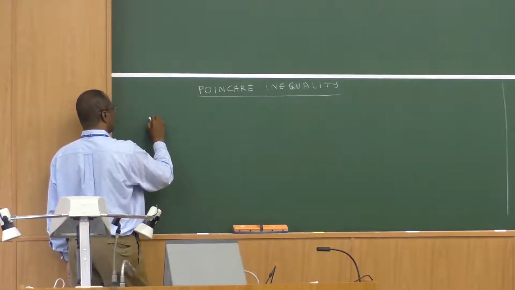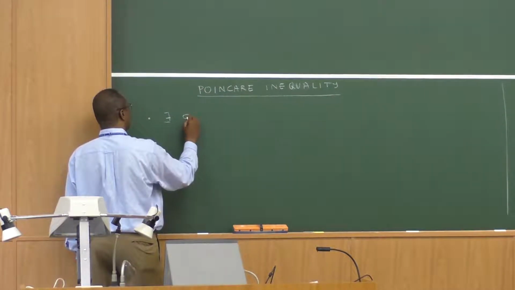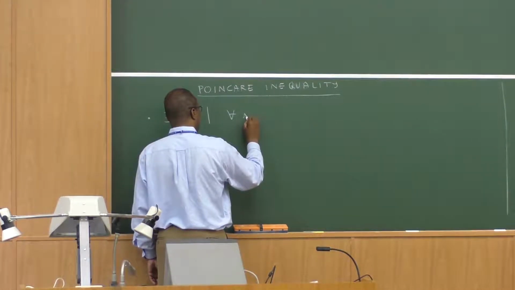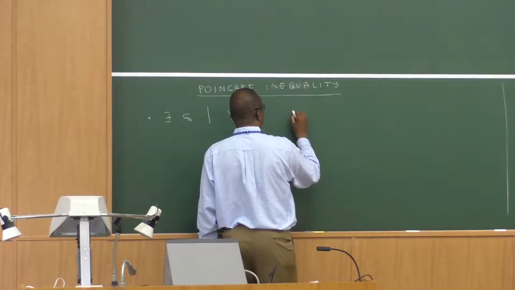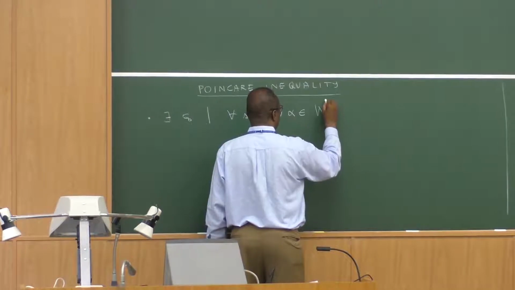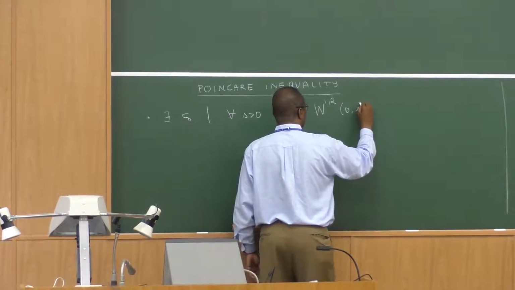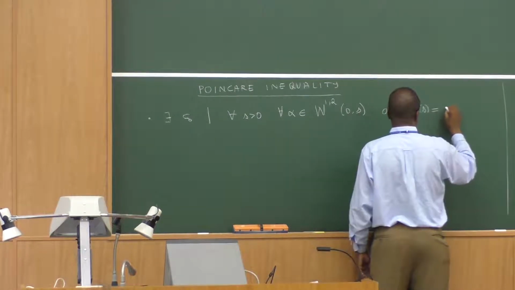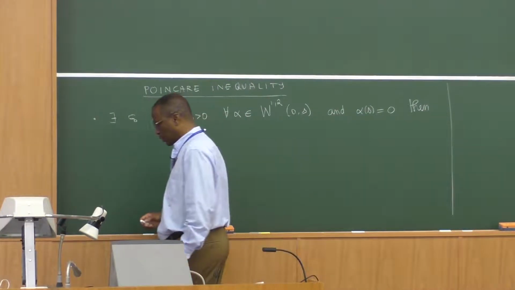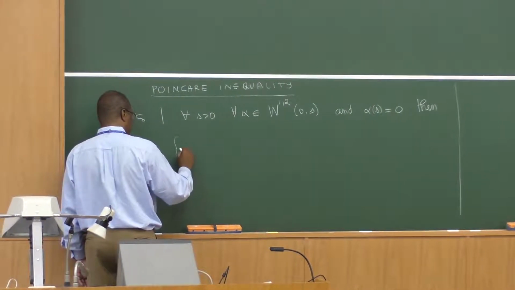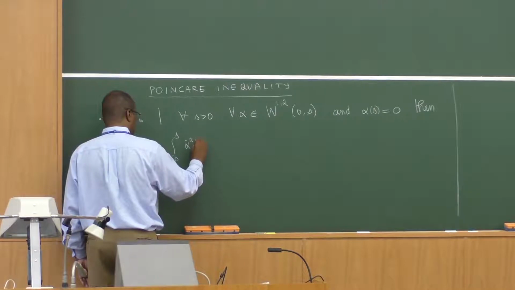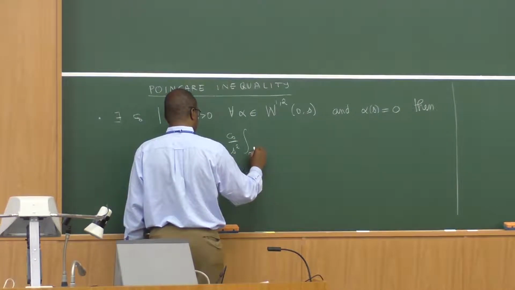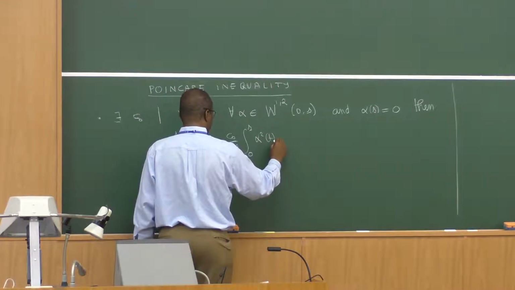So the result is: there exists a universal constant C naught such that if you take any S greater than 0, and if you take alpha in W^{1,2} of (0,S) satisfying the boundary condition, then the integral from 0 to S of alpha dot squared dt is greater than C naught over S squared times the integral from 0 to S of alpha squared of t dt.